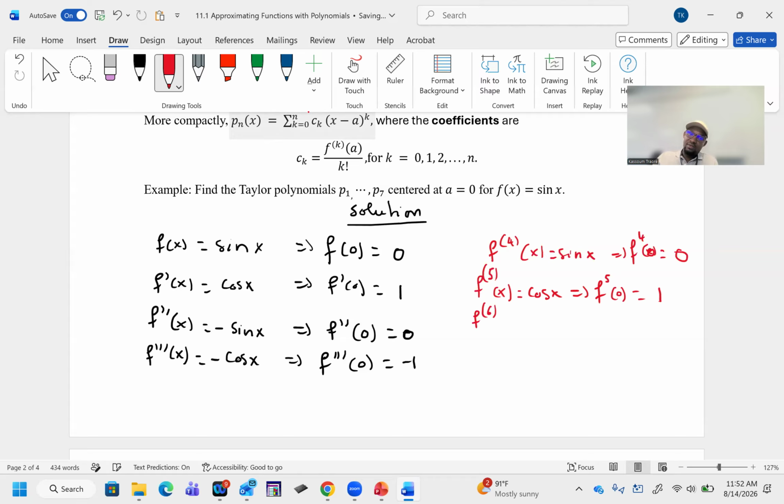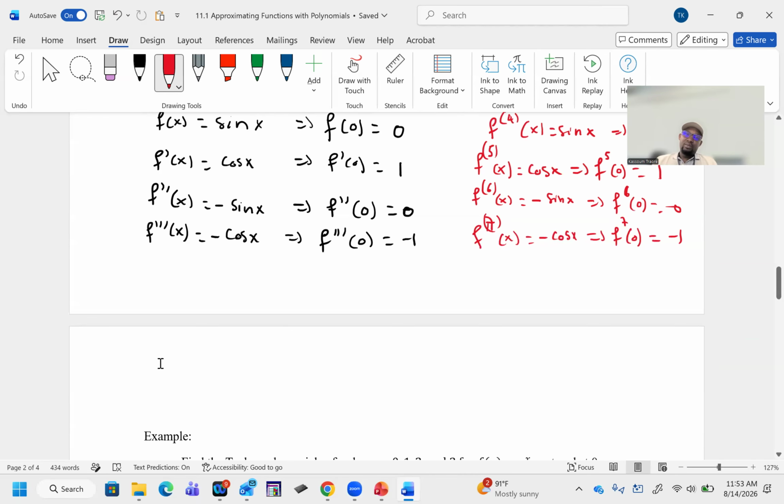The sixth derivative of f of x will be negative sine x, which means 0. And finally, the seventh derivative of f of x will be negative cosine x, and negative cosine of 0 is -1, right? So the derivatives of sine x at 0 cycle through the values 0, 1, 0, -1, right?